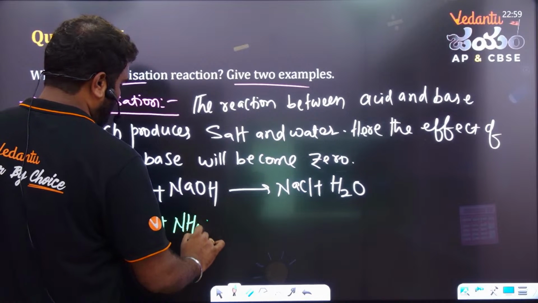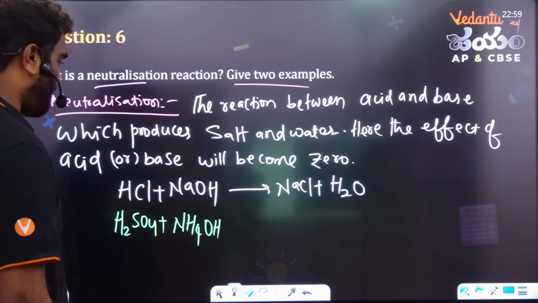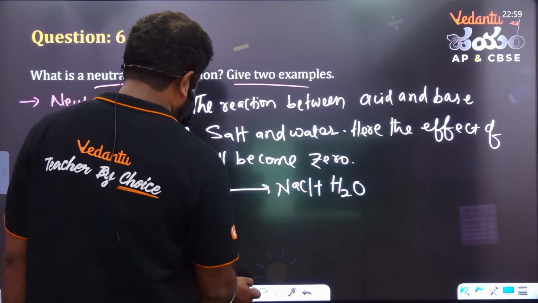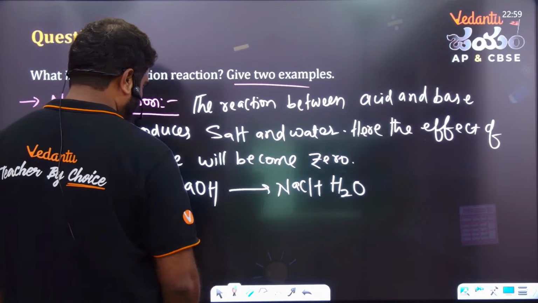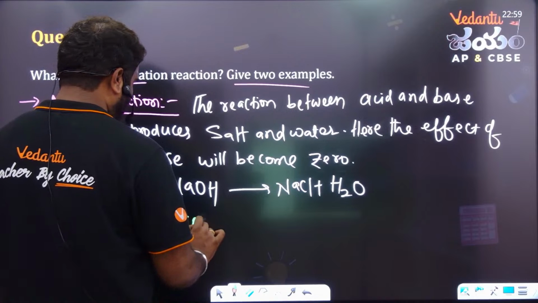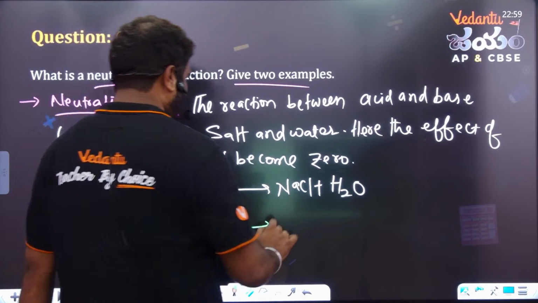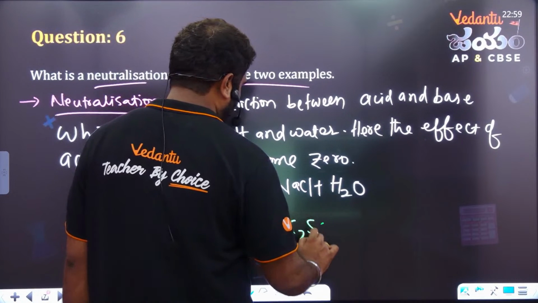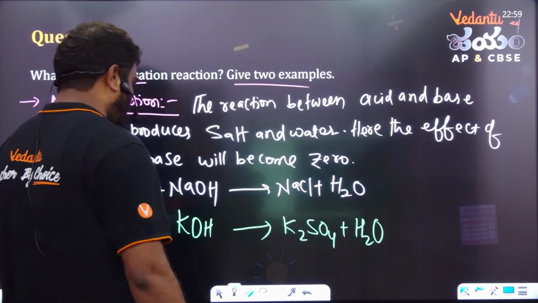Ammonium hydroxide is a weak base, H2SO4 with ammonium hydroxide. Or rather than ammonium hydroxide, we can take potassium hydroxide, which is easy to remember. So K2SO4 is formed, potassium sulfate with water.